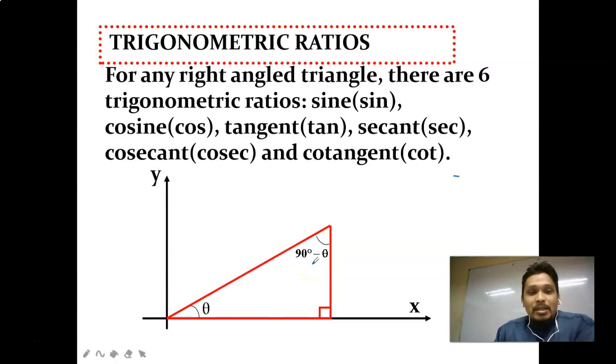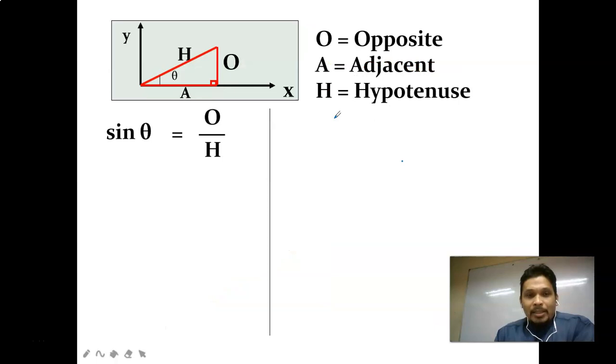Okay, so just imagine that there is a triangle on the first quadrant of the x and y axis. So we can look into the trigonometric ratios sine, cosine, tangent, secant, cosecant, and cotangent. For example here, this is the angle of that triangle on the first quadrant.